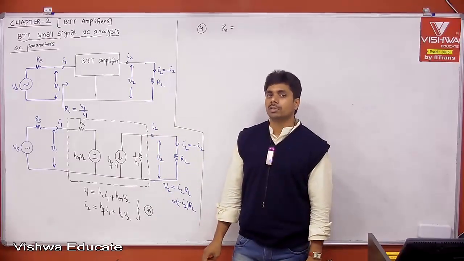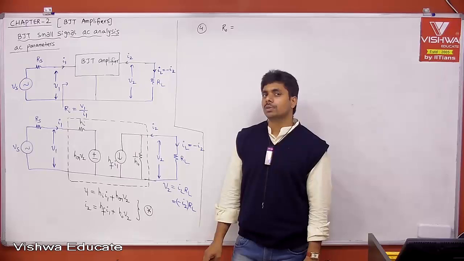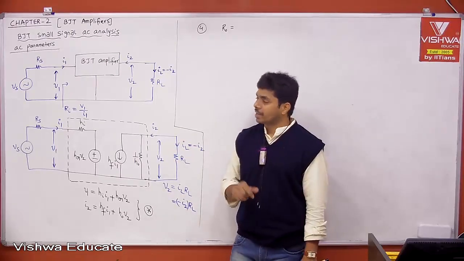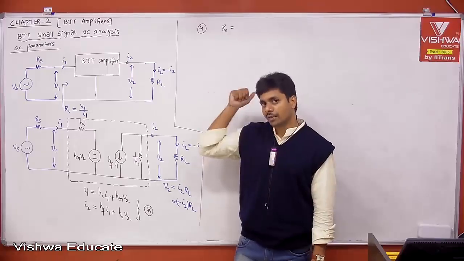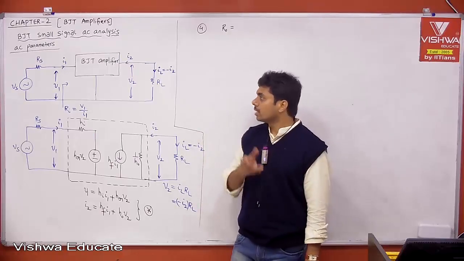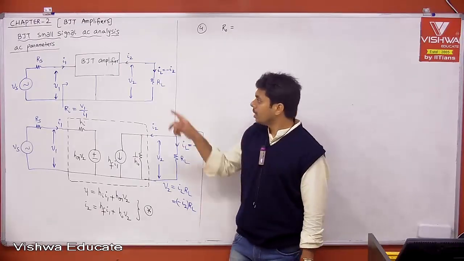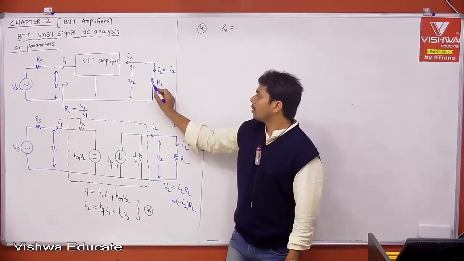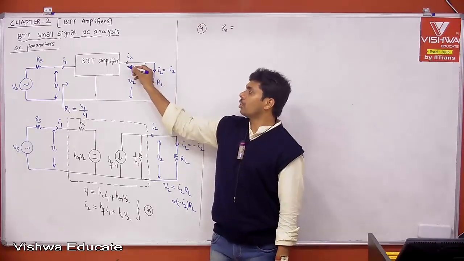Let me complete this and then I'll explain that point. You'll have one more doubt after the definition, and then I'll ask you a question immediately. One thing is clear: we should exclude the load because I want to find the impedance seen into the output port.